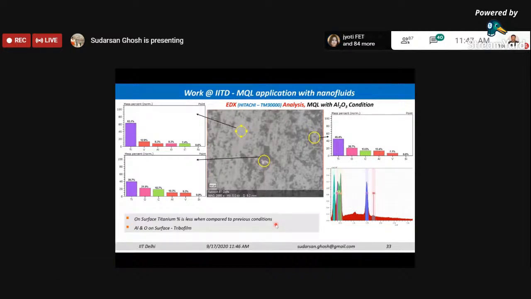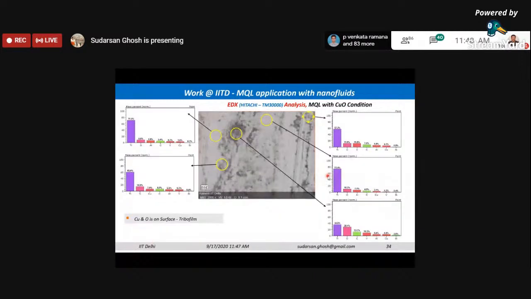So that is the reason you see the titanium percent has reduced in the case of your aluminum oxide nanolubricant.